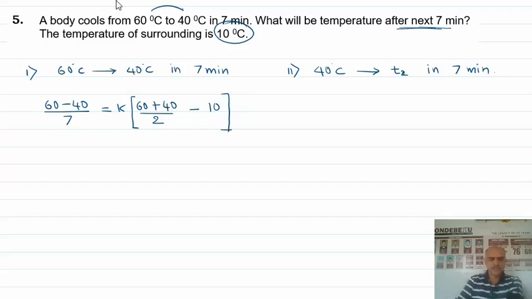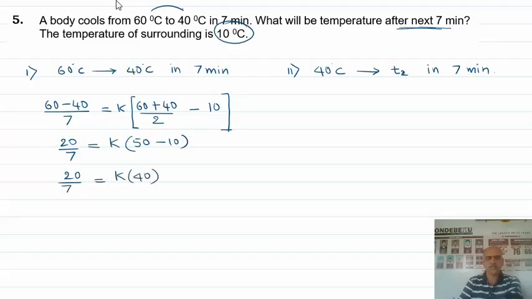So 60 minus 40 is 20. 20 by 7 is equal to K into bracket 100 by 2, 50 minus 10. So 20 by 7 is equal to K into 40. Cancel the 40. K is equal to 1 by 14.